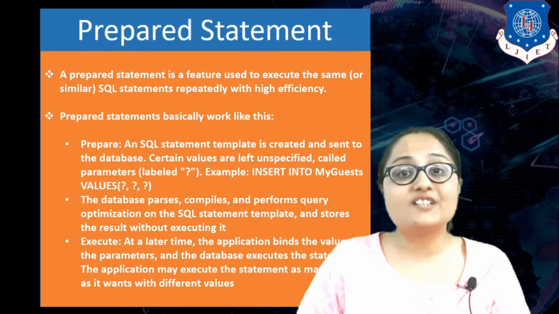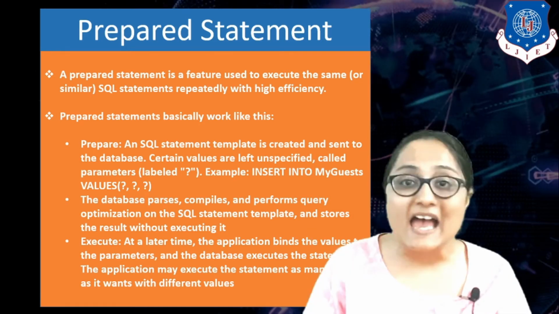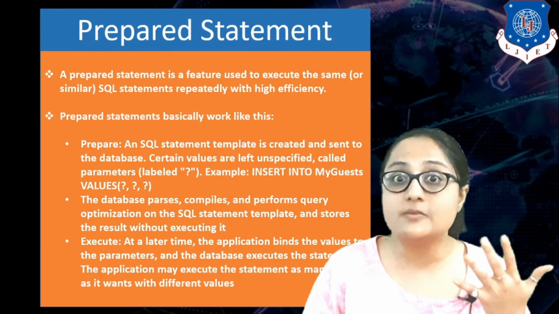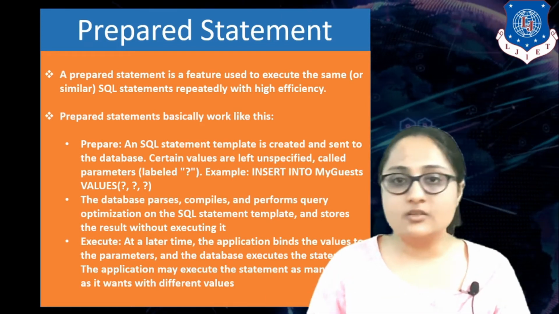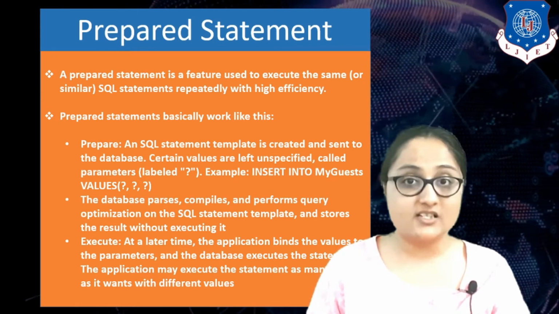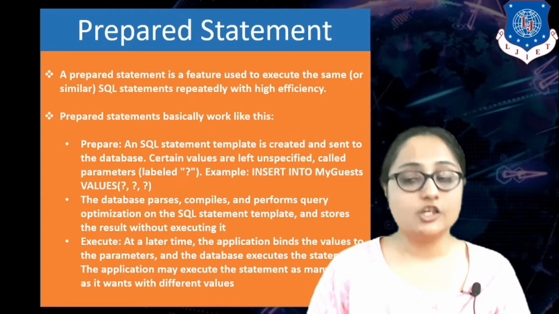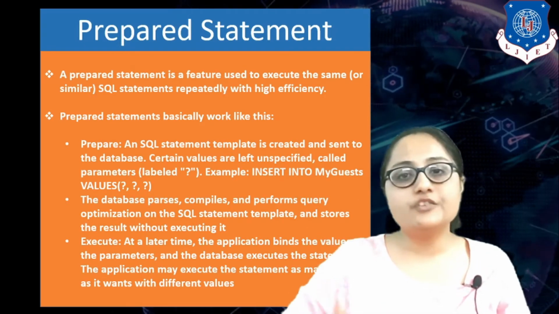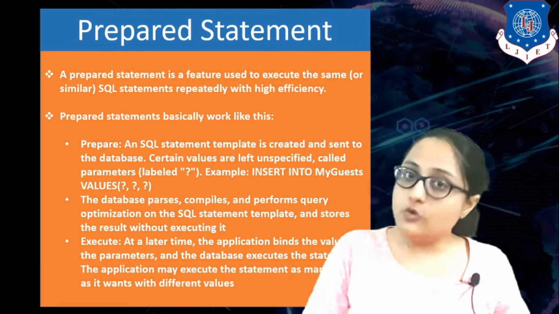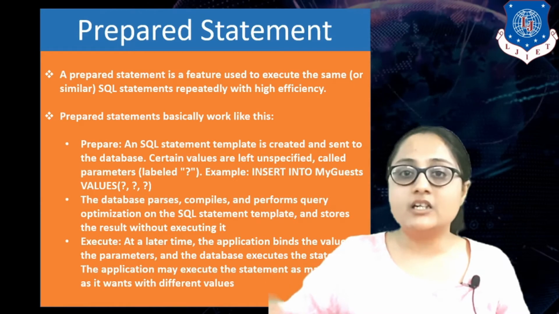You can execute this statement and bind the values as many times as you want. Compilation is done only once, while execution can be performed as often as you want. The benefit is that you can execute the same prepared statement with different values, compiling only once and executing multiple times.